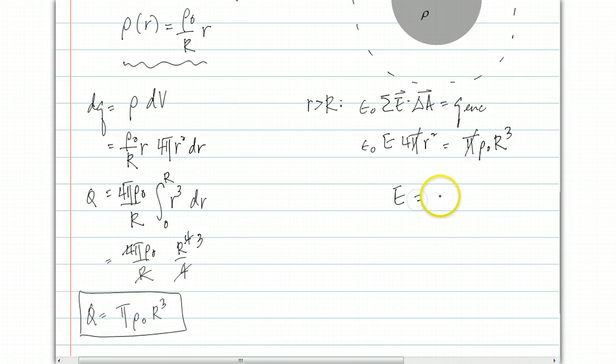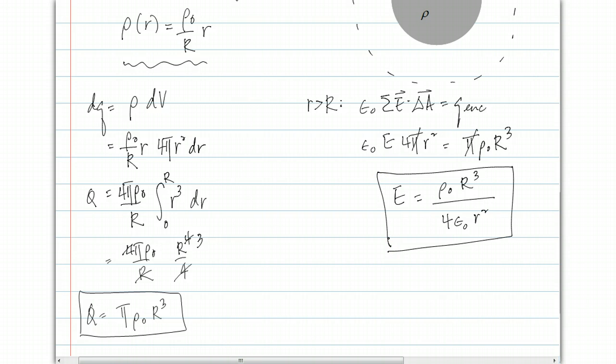E is equal to rho naught R cubed over 4 epsilon naught r squared, and that is dimensionally correct. Numerator has charge, denominator is r squared, so dimensionally correct. So that's my electric field for r greater than big R.